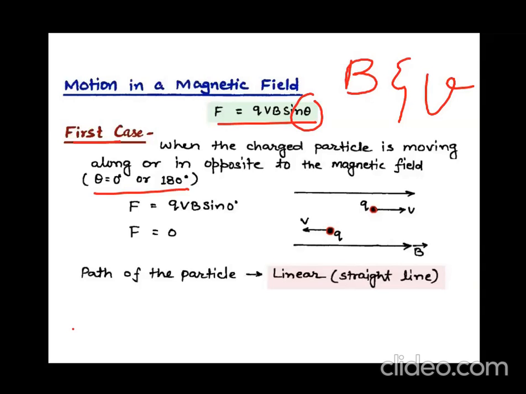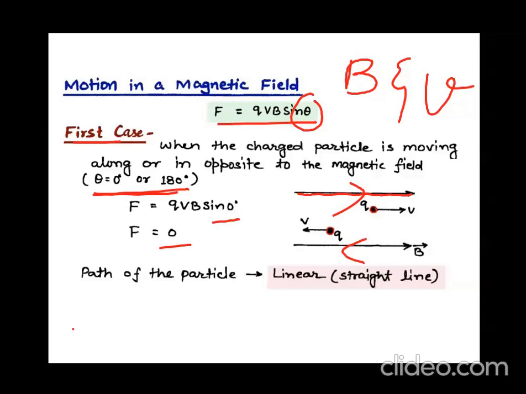If the charge is moving in the direction of the external magnetic field or in the opposite direction to it, then theta will be 0 or 180. Sine 0 is 0 and sine 180 is also 0.